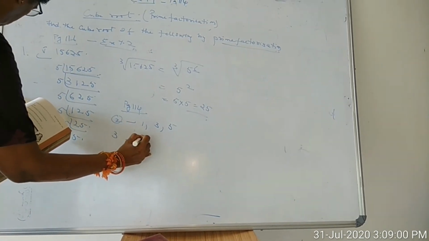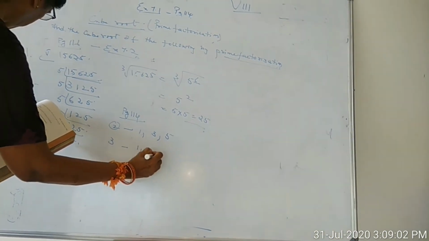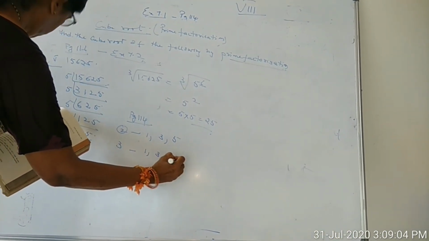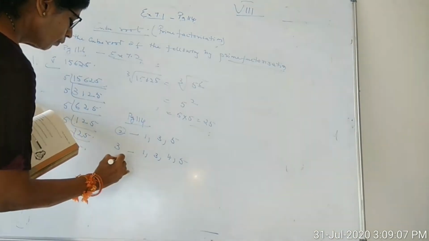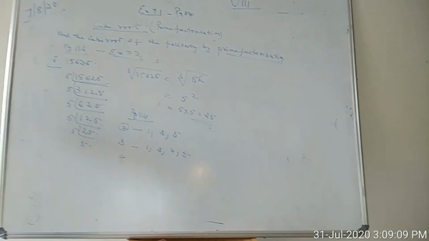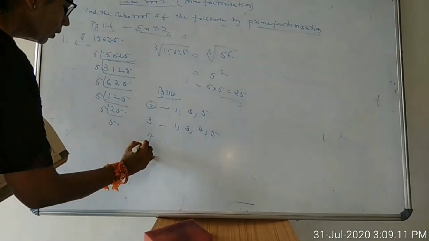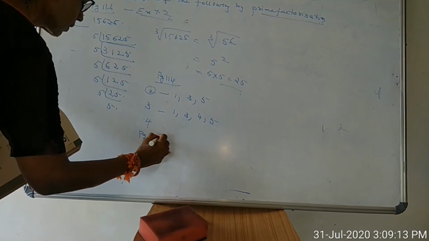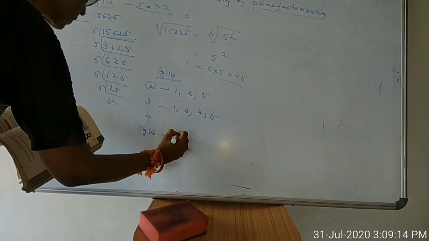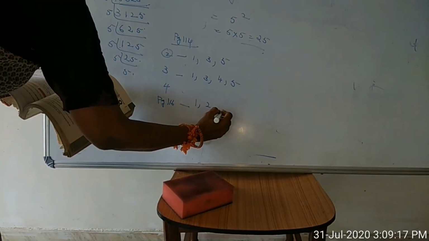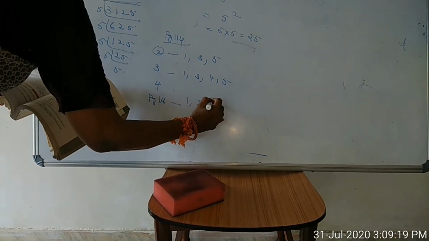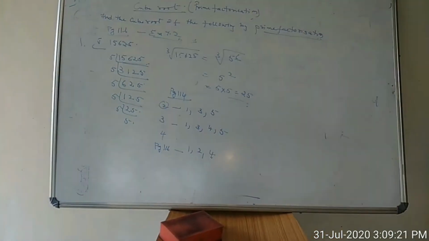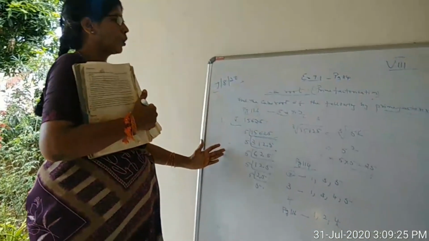Roman number 3, first, third, fourth, fifth, fourth one. Page number 116, first sum, second sum, fourth one. Please do these sums for homework, children. If you have doubts, please put up in the WhatsApp group.